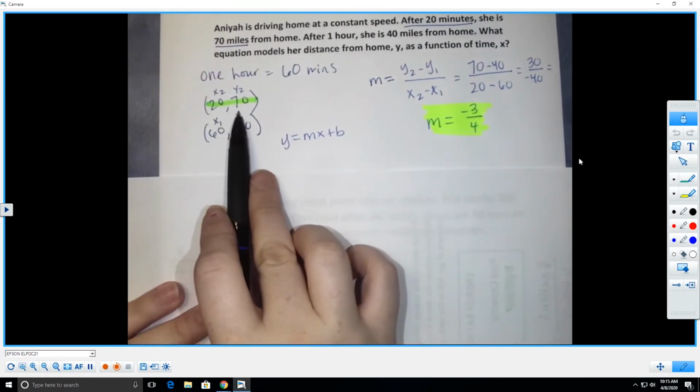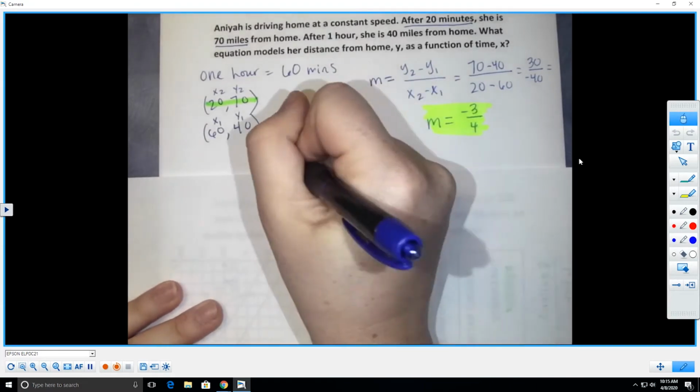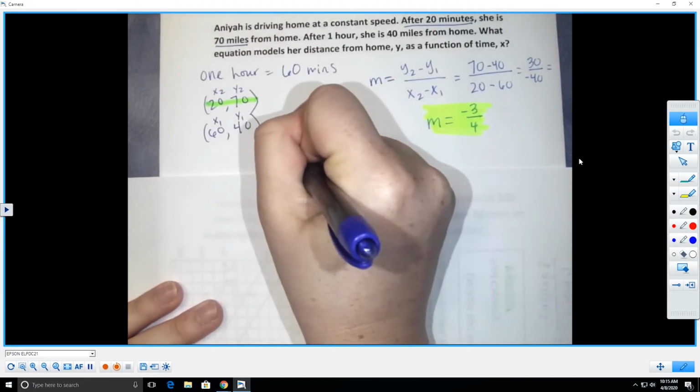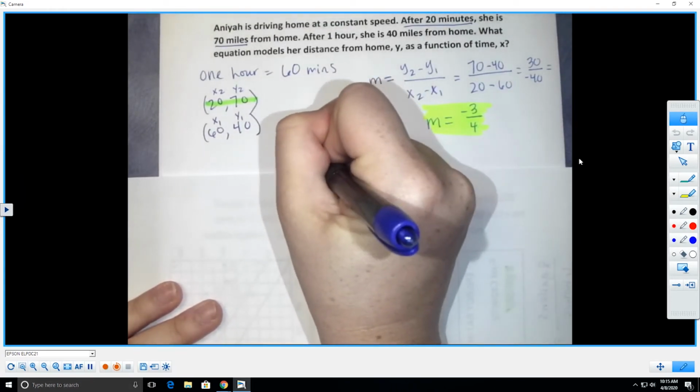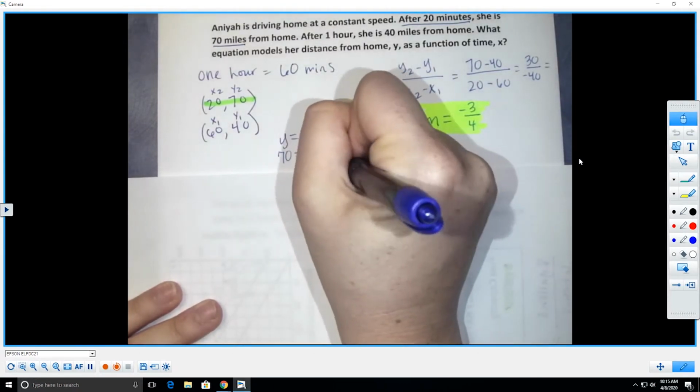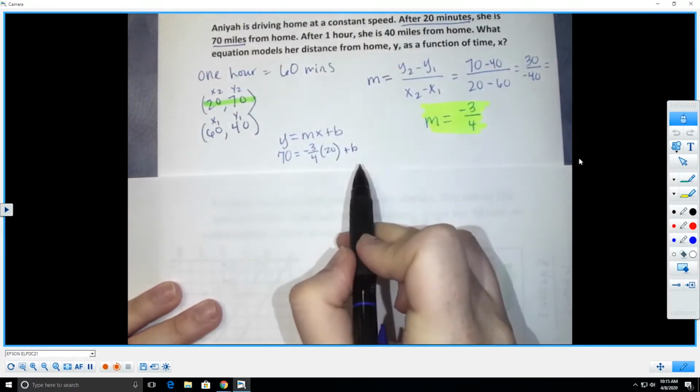So my y value here is going to be 70. My slope, or my rate of change, I just discovered was negative 3/4. The x value when my y value is 70 is 20. And I'm solving for b, for my initial value.